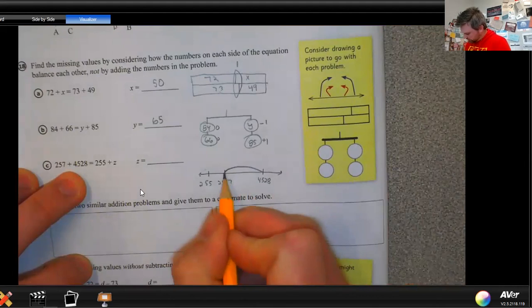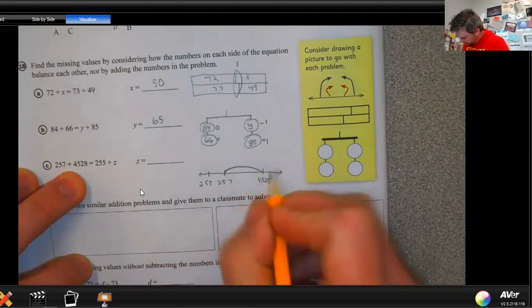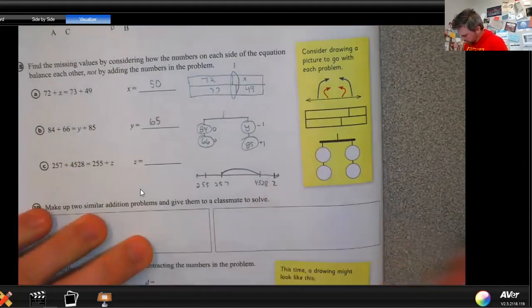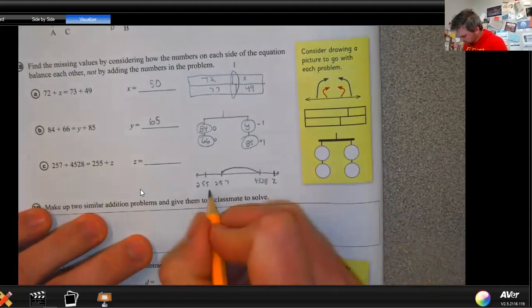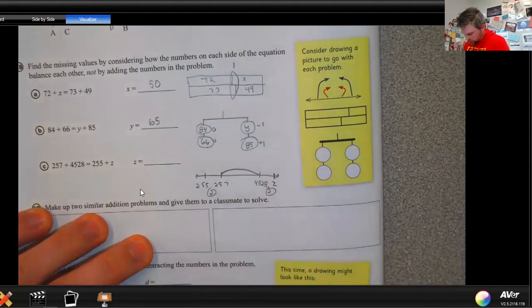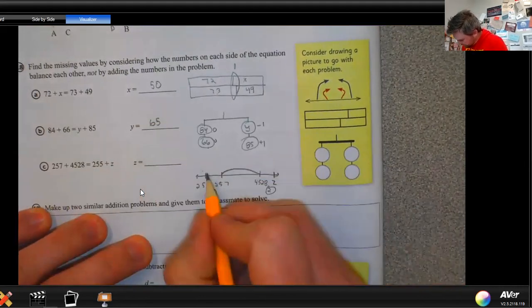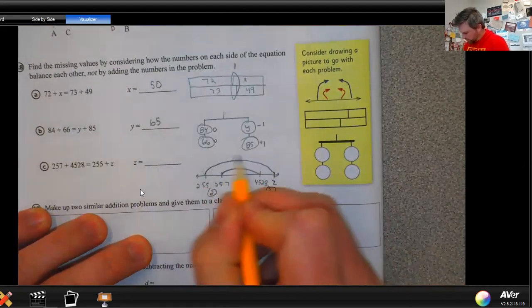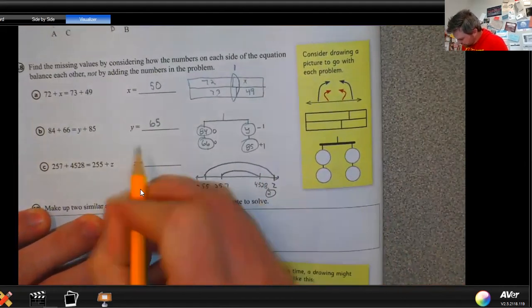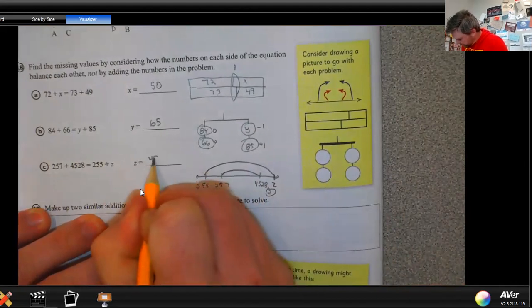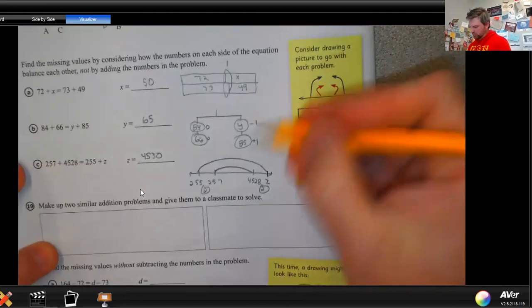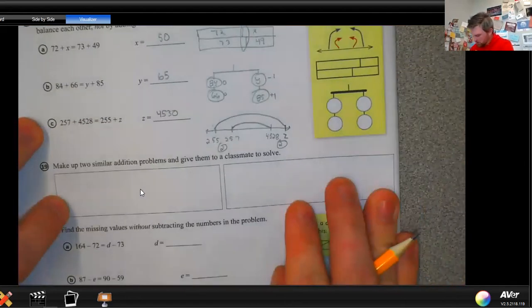Now this one is further out, so my next number, which is z, would also have to be further out. These have a difference of 2, and these would have to have a difference of 2. So this z here, if I add 2 to this, because remember we're not crossing, you get 4, 5, 30. Okay, and those are 3 different ways you can do the same problems here.